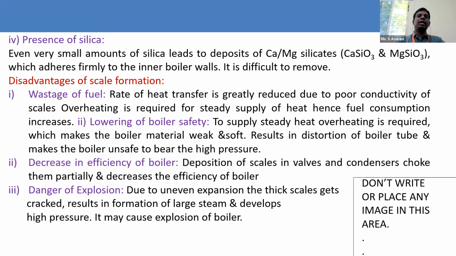Due to uneven expansion, the thick scales get cracked, resulting in the formation of large steam and developing high pressure. It may cause explosion of the boiler. If the scale formation is uneven, the pressure is not maintained properly, and due to that uneven pressure it can cause the explosion of the boiler.